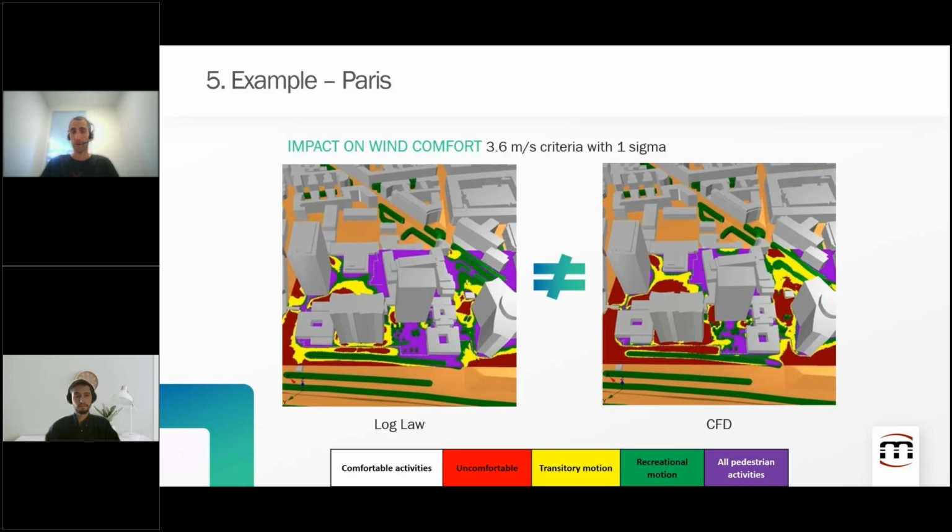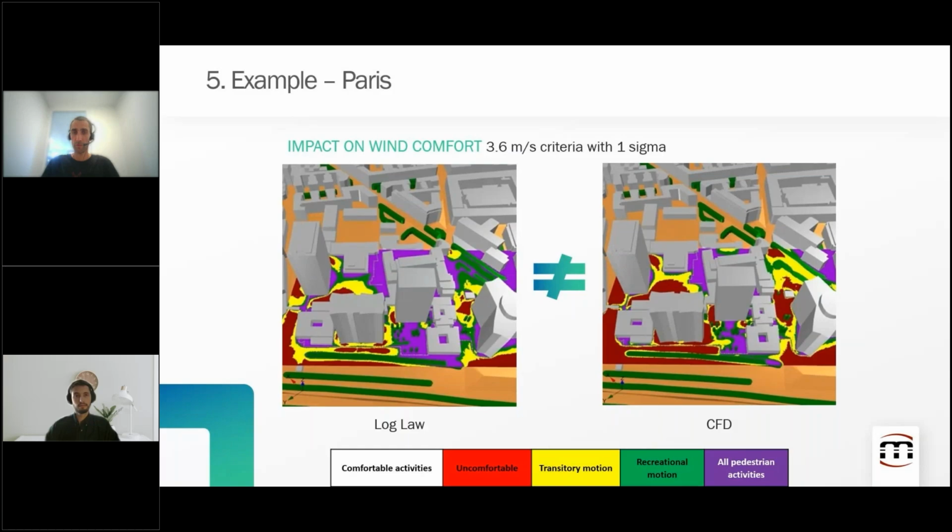And I compare the log law approach with the CFD, with color. For different comfortable activities, when it's purple, it is comfortable for any kind of activity, on the right side of the color panel.